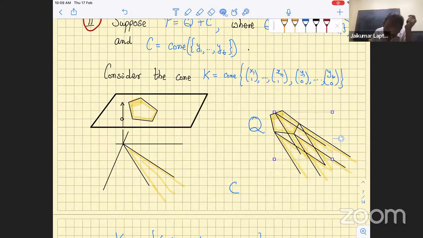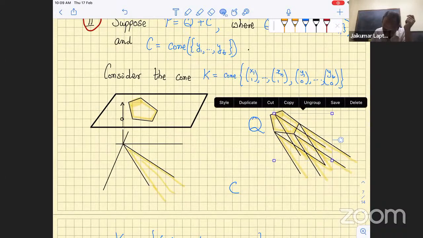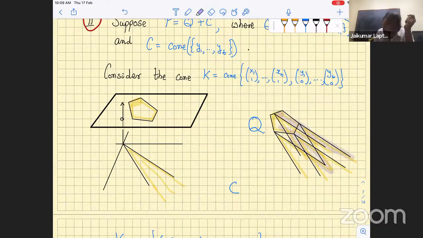You are supposed to add this cone everywhere. So you took a cone which I have destroyed, which used to be here, and you added that cone to every point of the original polygon here, but in general a finitely generated convex hull of a finite set of points.